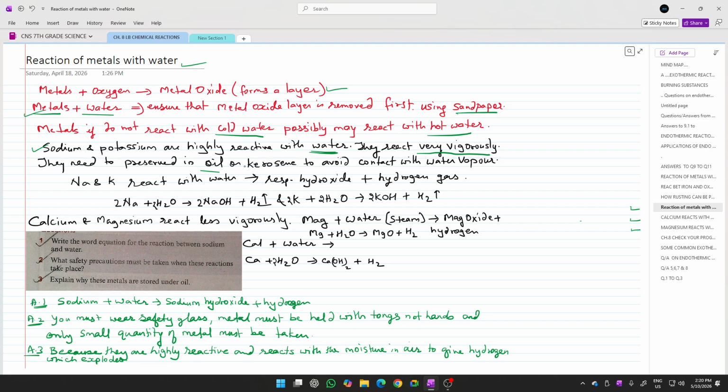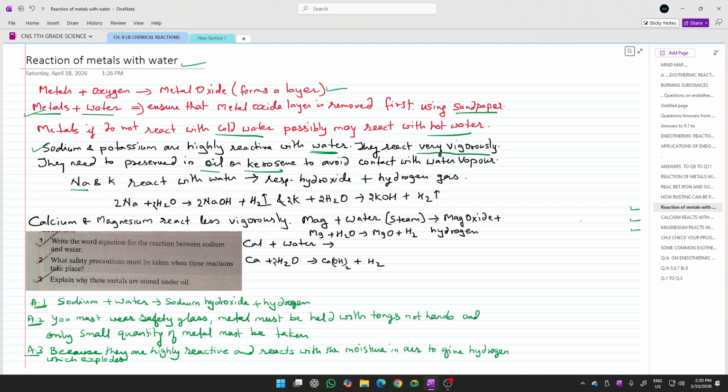So to avoid that reaction of sodium and potassium with the water vapor in the air, we always keep these metals in oil or in kerosene, because oil or kerosene will prevent the metal from coming in contact with the moisture in the air. This is why they are kept in oil. They need to be preserved in oil or kerosene to avoid contact with water vapor.